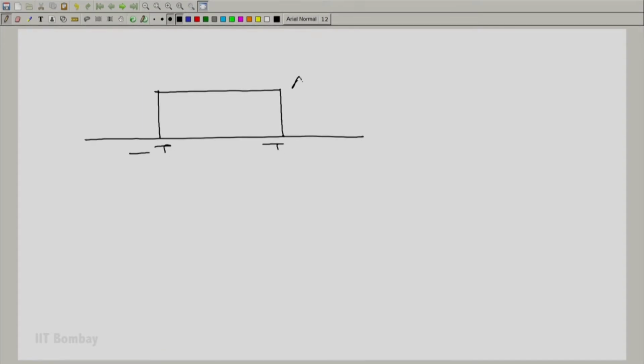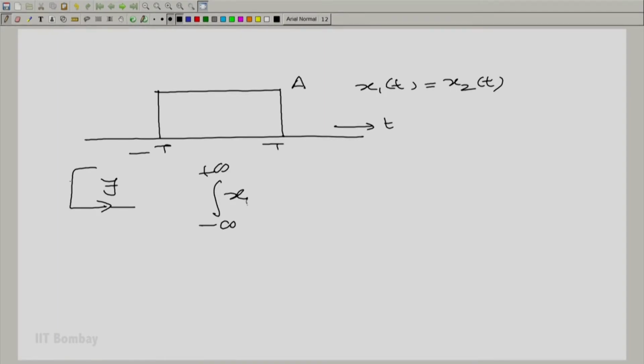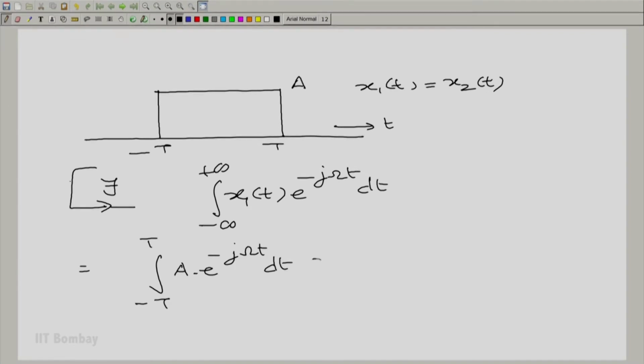This is x1(t) and x2(t), and its Fourier transform is essentially the integral from minus infinity to plus infinity of either x1 or x2 as you like, times e raised to the power minus j omega t dt, which is essentially the integral from minus T to T of A e raised to the power minus j omega t dt.